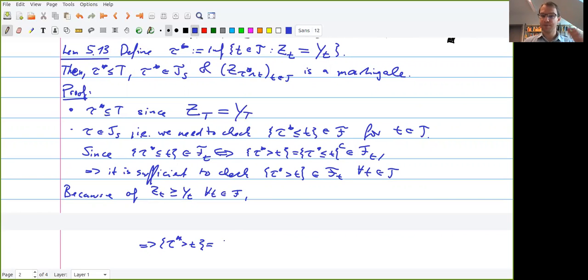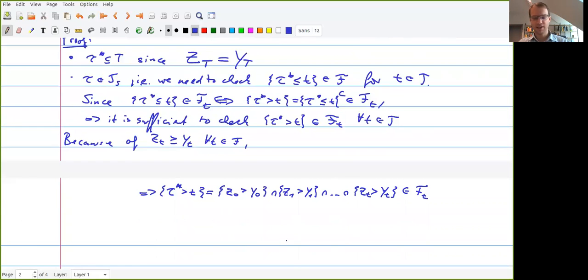Tau star is the first time the process Z, which stays above the process Y, hits Y. So if tau star is strictly bigger than t, this means at time 0, Z is strictly bigger than Y, and at time 1, Z is strictly bigger than Y, and we do this up to time t, where it is also the case that Z is strictly bigger than Y. Now these are adapted processes, so each event is obviously in F_t.